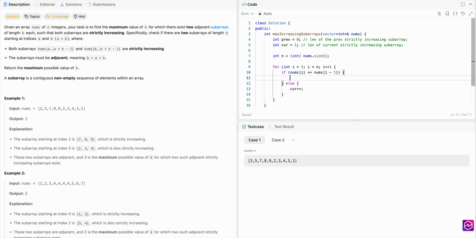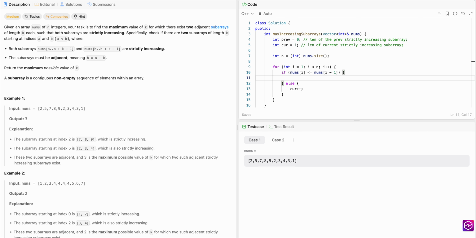So we have found a subarray that breaks the order, right? So we'll just check if the previous one is something that we want to do.